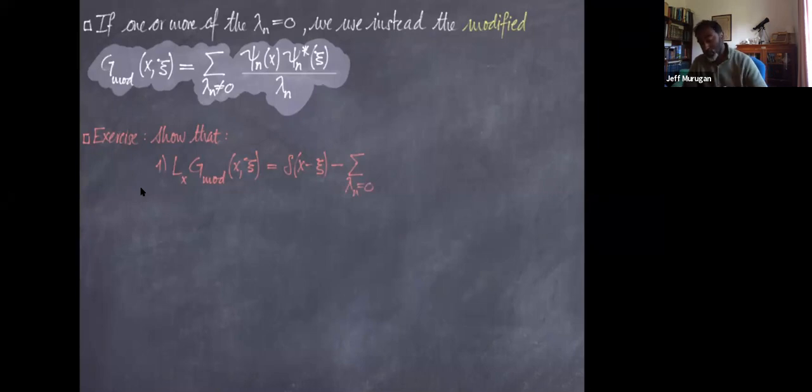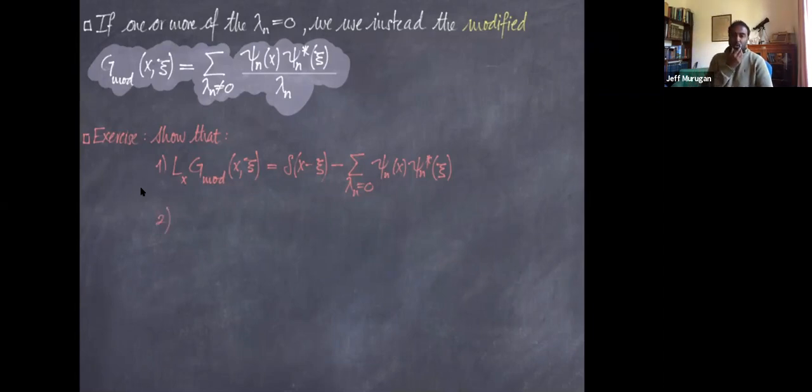So just summing over the zero modes now, psi n of x, psi n conjugate of psi. Okay, so that's what happens if I act on this modified Green's function with the differential operator.